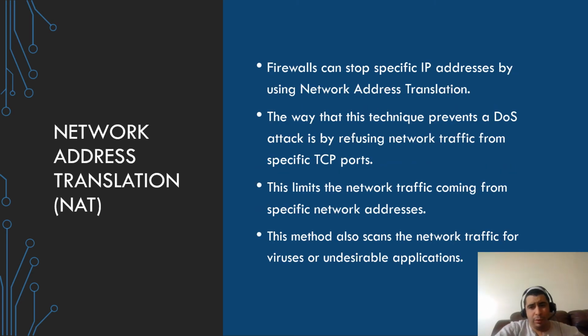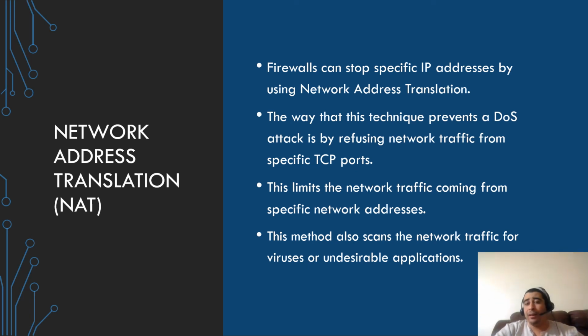Now, this is more of a professional standpoint in network address translation. You would have to know the specifics or get help from someone who knows the specifics, or know where traffic is coming from or a specific IP address that you don't want accessing your port. The firewalls can stop specific IP addresses by using network address translation.